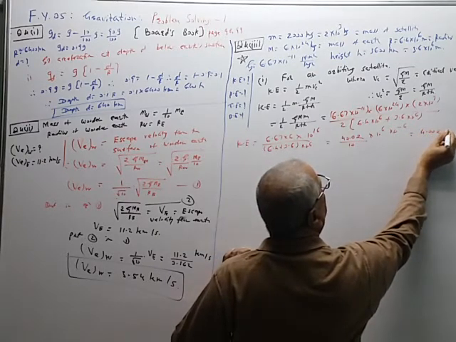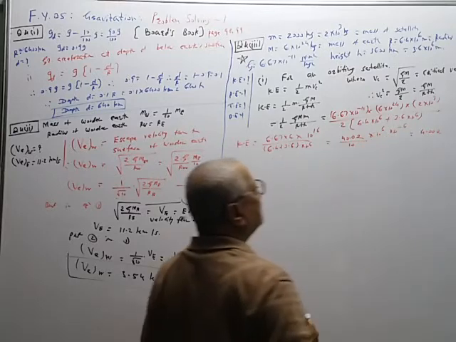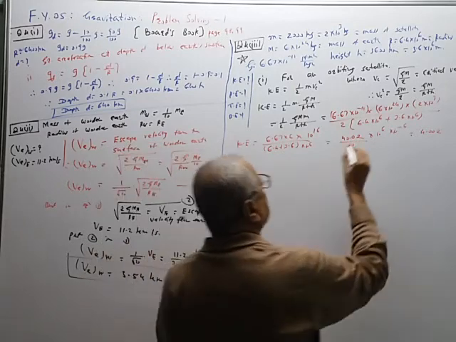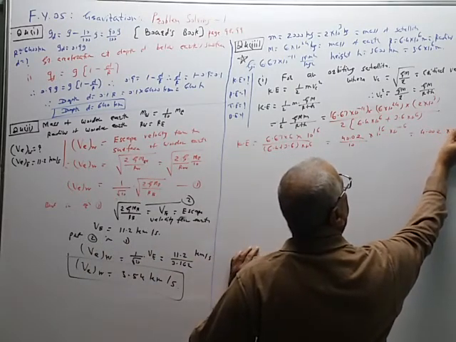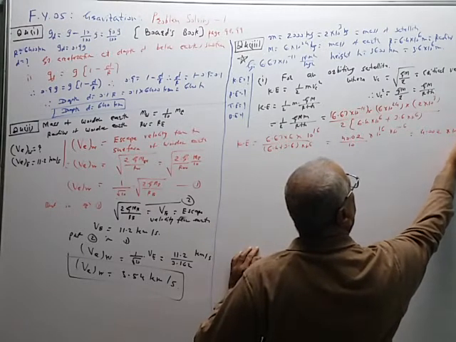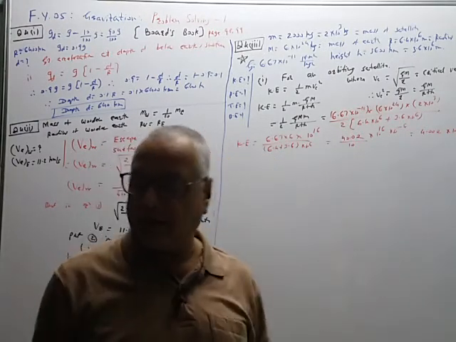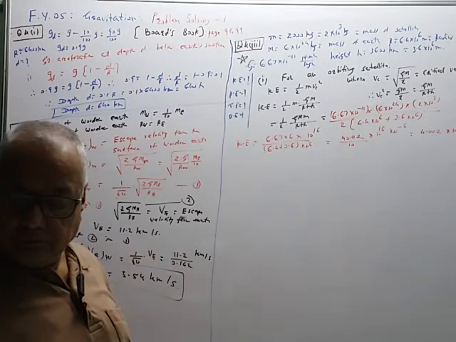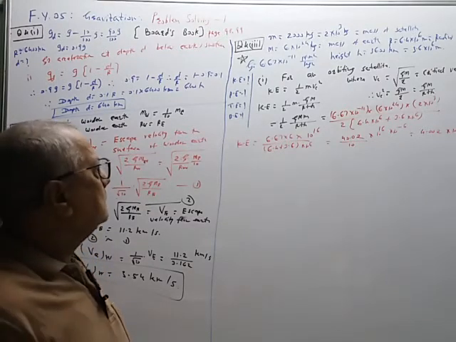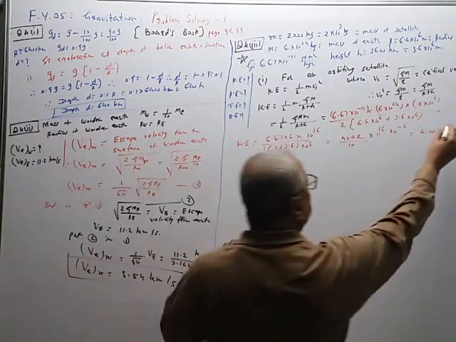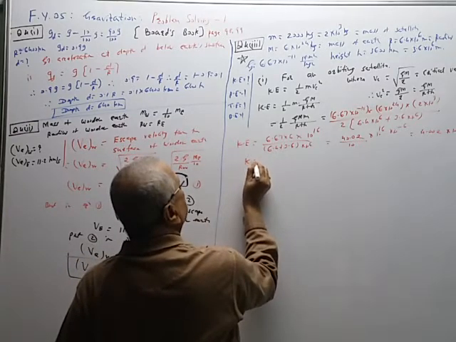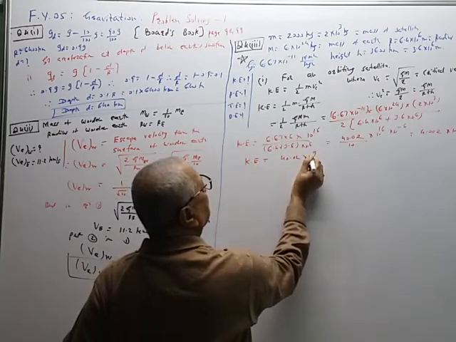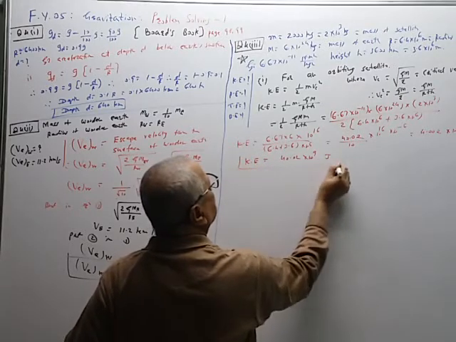Sorry, this is 16. So 10 raised to 10 joule. So this is the value of kinetic energy. It is given in the power of 10. So kinetic energy is equal to 14.02 into 10 raised to 9 joule. This is the first answer.